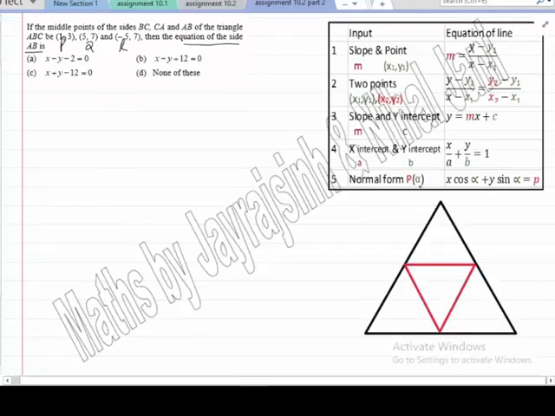Here we have triangle A, B and C, and we have midpoints of BC, CA, AB as P, Q, R. Their coordinates are given. We have to find the equation of line AB.